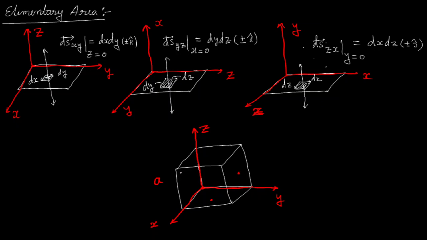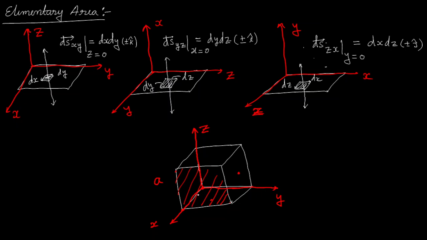And on this front surface, x will be constant, but y will vary from 0 to A, and z will also vary from 0 to A.